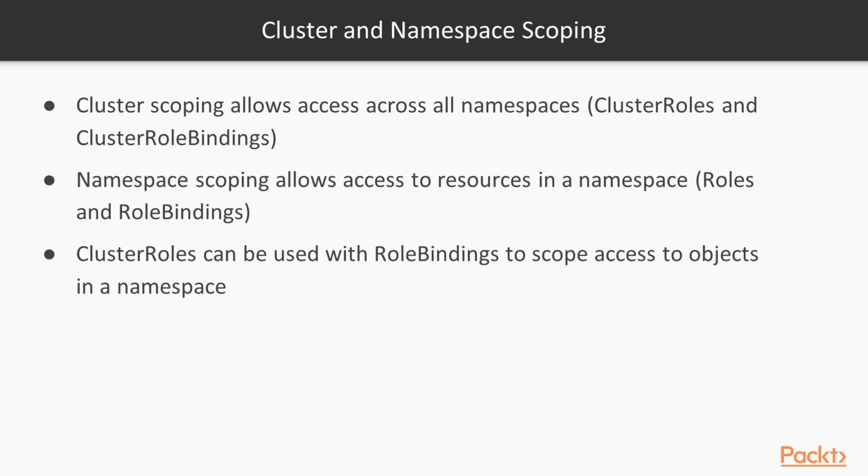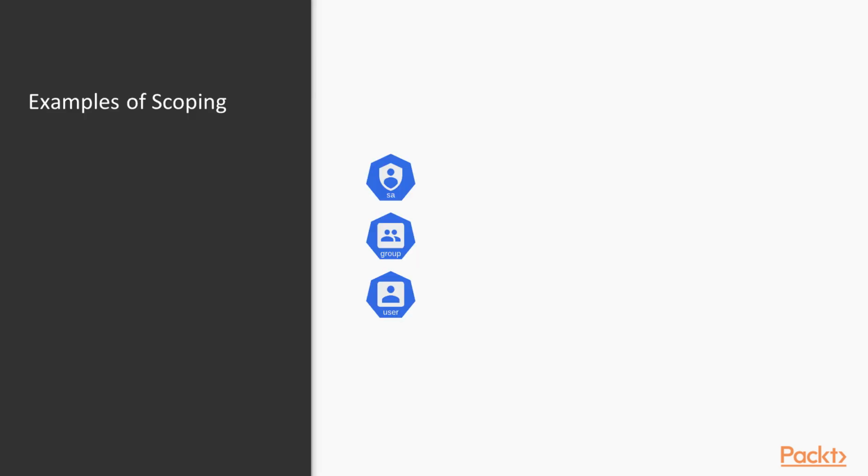For example, there is a cluster role that goes by the name of admin, which gives you administrative rights. And you can create a role binding to that cluster role that will grant a specific user, group, or service account administrative rights over a single namespace, as opposed to cluster admin, which would give you access to everything within the cluster. Let's take a look at some examples of scoping.